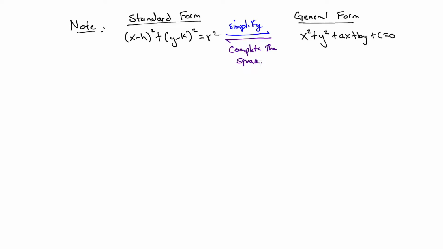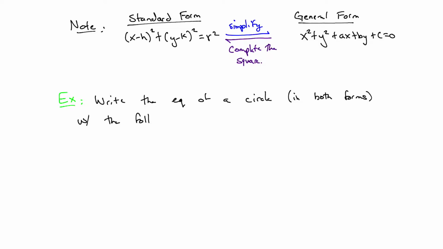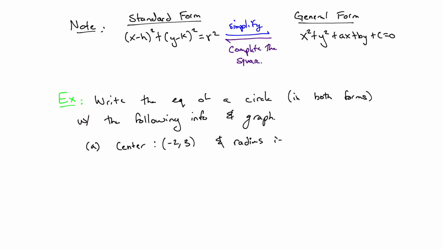So let's go ahead and get into some problems, some exercises. So example: write the equation of a circle in both forms with the following info and graph. Part A will be that the center of this circle is at (-2, 3), and the radius is 4.